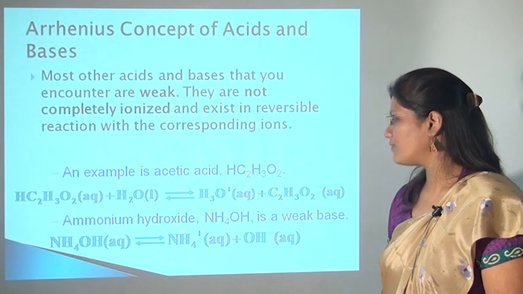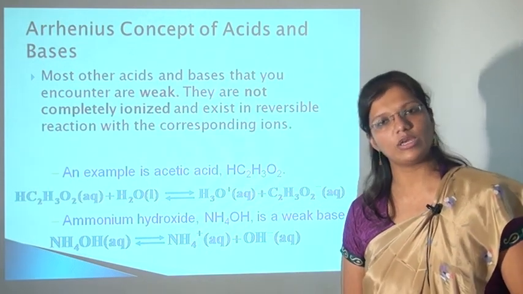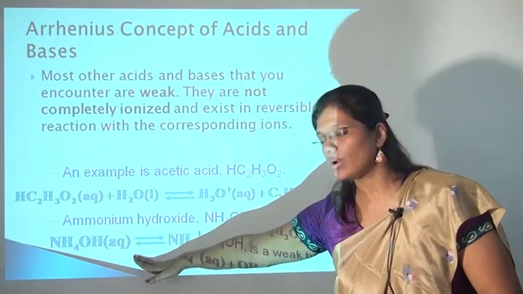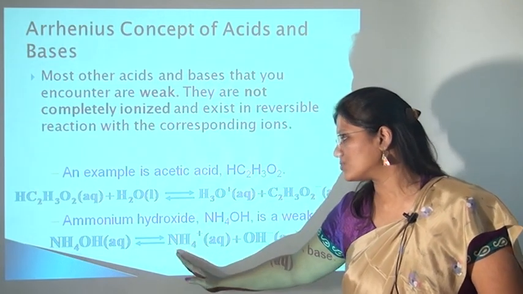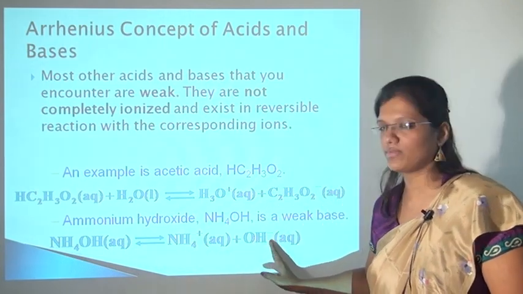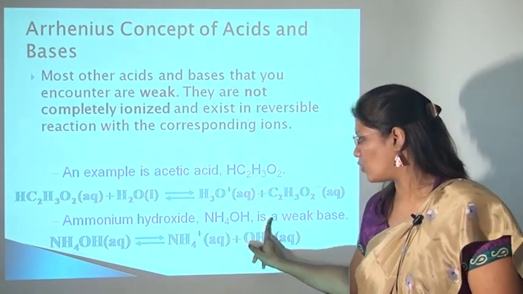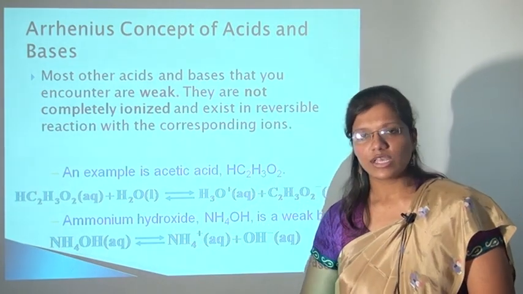The second example is of a weak base, ammonium hydroxide, that is NH4OH. It is a weak base. Why? Let's see. When NH4OH is dissolved in water, or when ionized, it forms NH4 plus and OH minus. Here also you can see that it forms OH minus ion, and so it is known as a base.